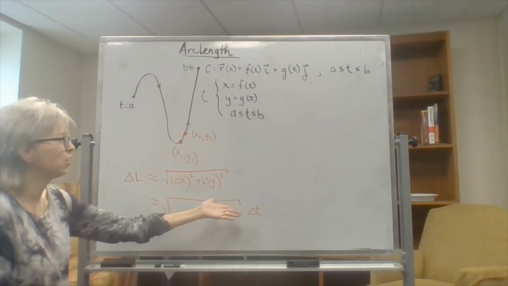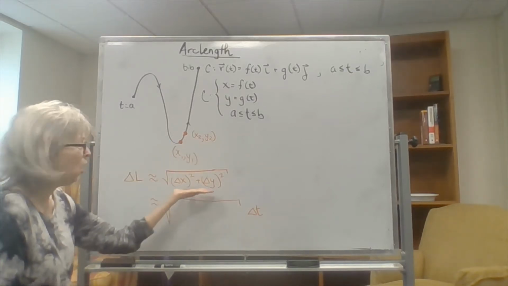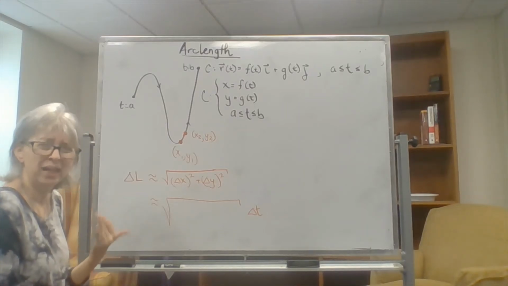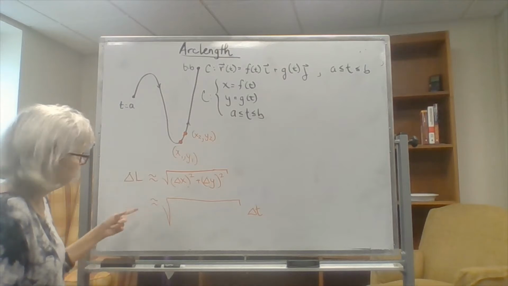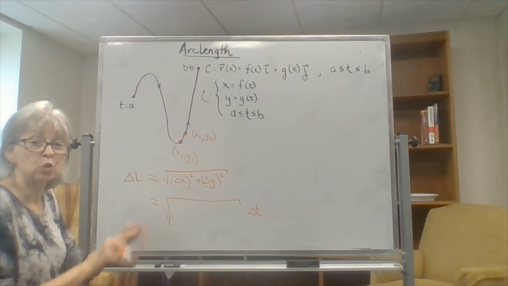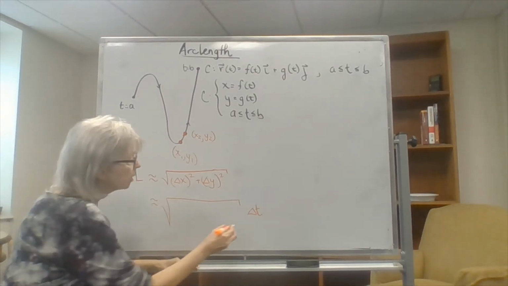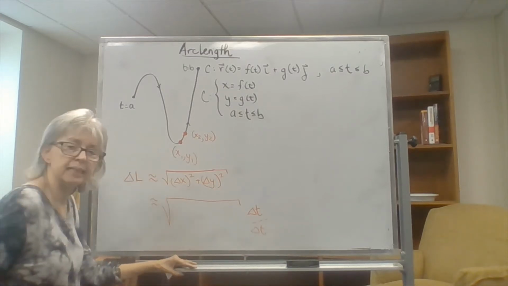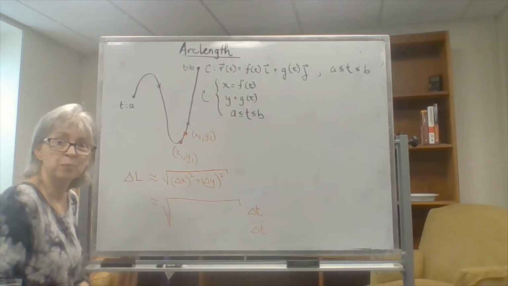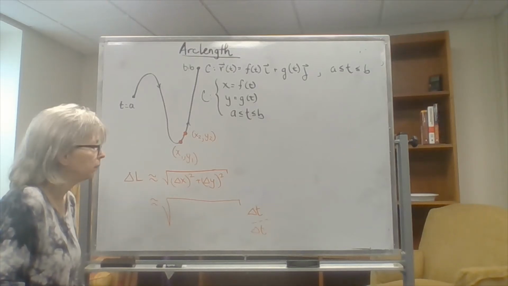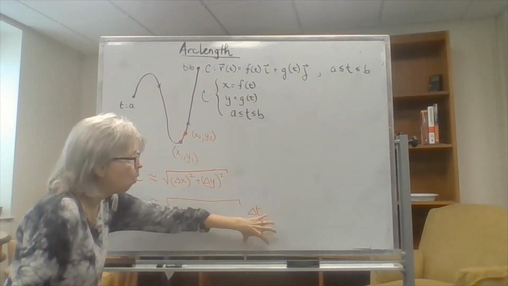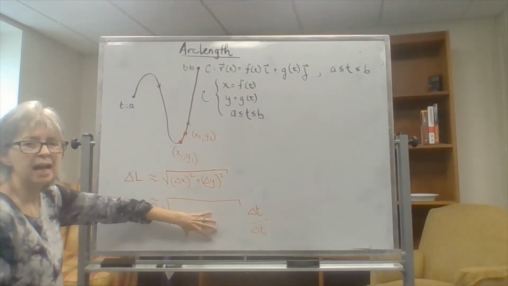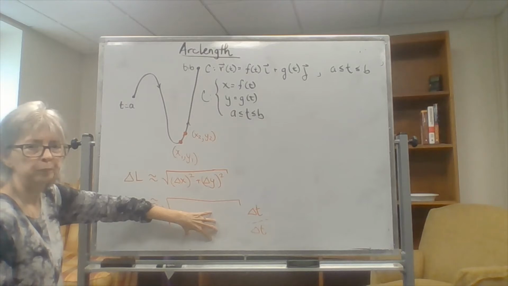What's the change in time from one point to the next? Well, hold up. I can't just throw a delta t on the outside of that square root. I have to make sure that I multiply by 1 so that I am not changing anything and I still get to use my equal sign. So if I were to divide by delta t, then I'm multiplying by 1, right? And then what if I were to take that over delta t part and slide it inside of my square root?